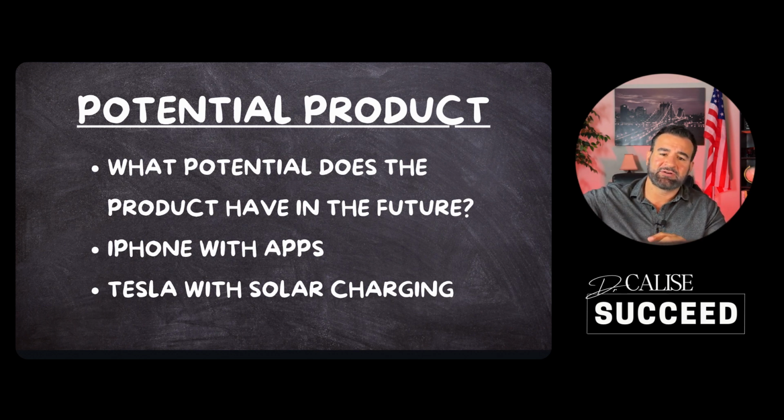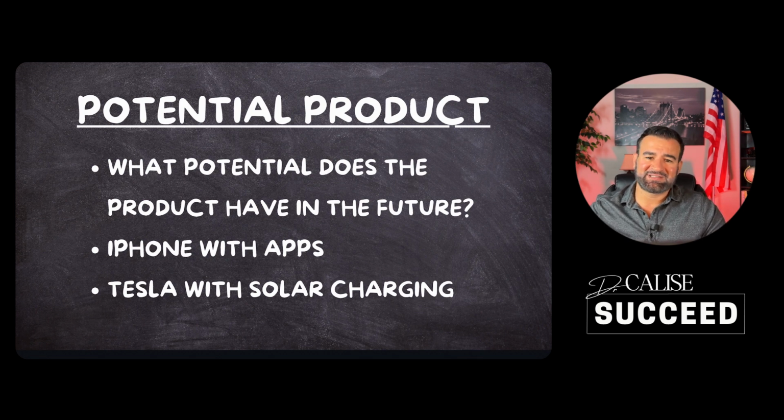That is future growth. We can look at Tesla. What is the potential for their vehicles? Well, they're trying to create solar charging capabilities. That is a future potential. Elon Musk even talked about when you're not using your car, have it auto driving and be its own Uber service.